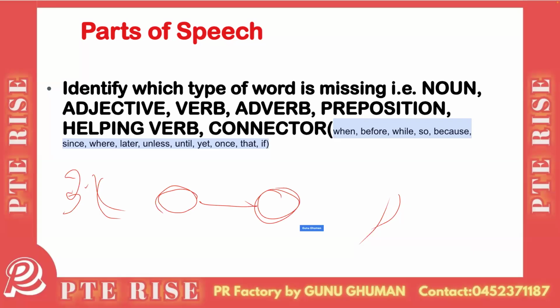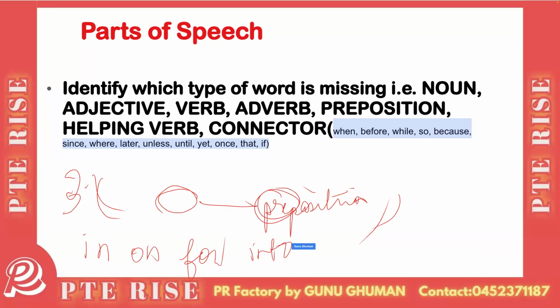Now, you will read these words carefully. Sometimes there is a preposition here. You know what a preposition is? If you don't know, let me tell you. Prepositions are these words: in, on, for, into, of, from. Do you understand what I mean?